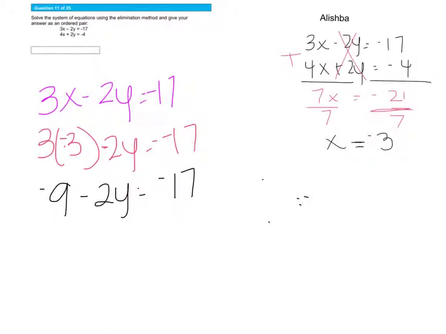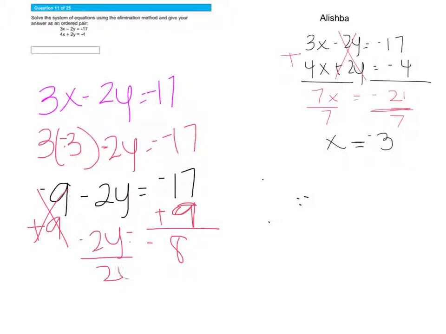Next, to cancel out the 9 and get y alone, you're going to add positive 9, because the opposite of negative 9 is positive 9. So we're adding 9 to both sides. Negative 17 plus 9 is negative 8. So we are left with negative 2y equals negative 8.